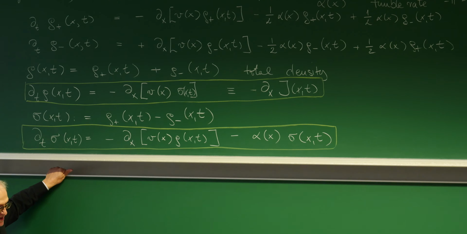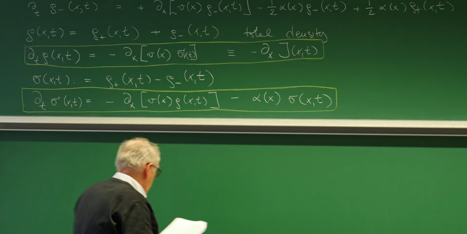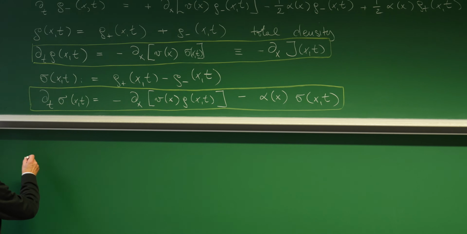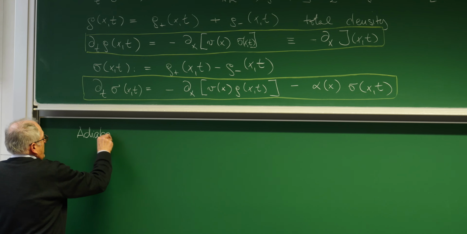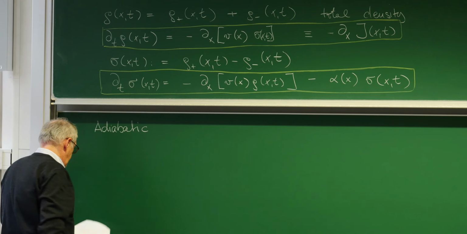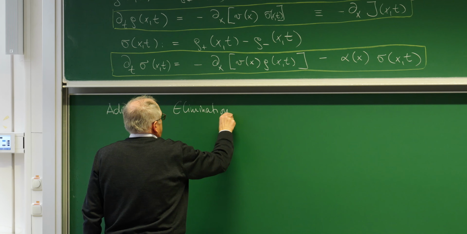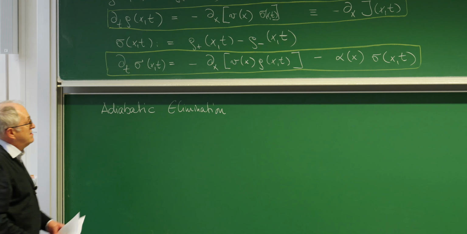Now, how do we proceed? Well, we could either solve those equations as they are, or we go about as last time, and we make an assumption about the speed of certain processes or the time scales that we have in the system. We say again that this flipping is very fast, so we can assume this equation for sigma to be equilibrated.